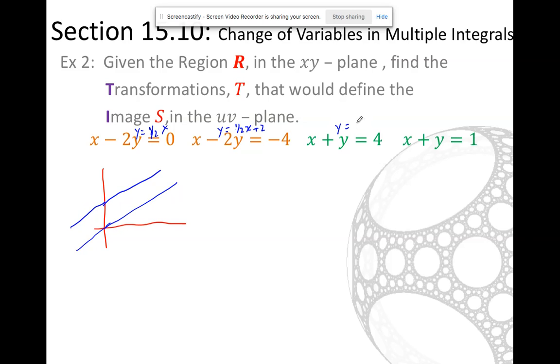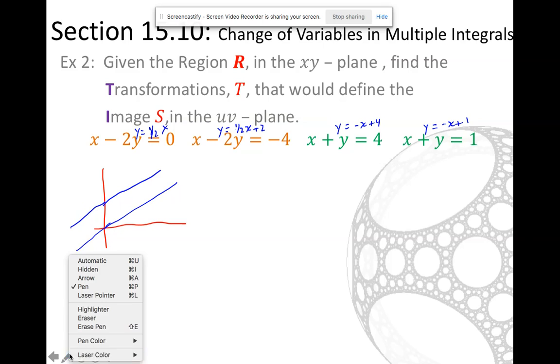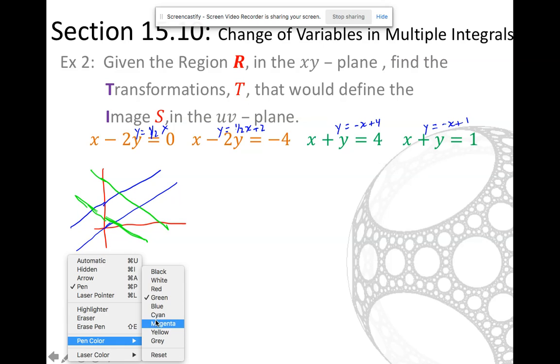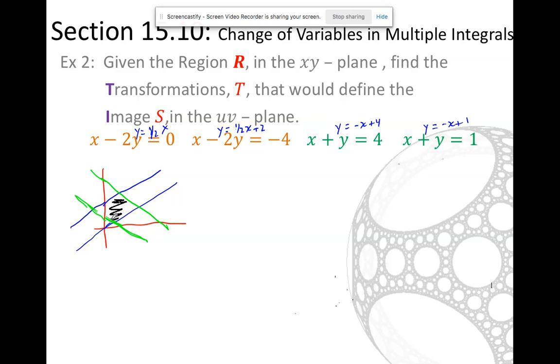These are also parallel, right? So if you look at the region there, that region is bounded by 2 sets of parallel lines that are not vertical and not horizontal.